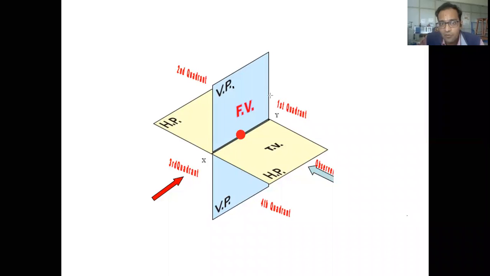I'll be having two points. The point one is, let me drop those details and use the arrow so that you can have a clear idea in your mind. This one is for point one.